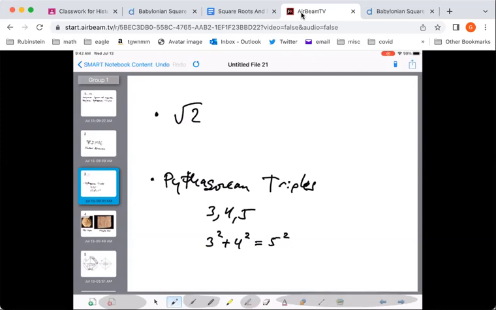Type into the Desmos, or you can just chat it to me, what Pythagorean triples you are familiar with, and also how would you get the square root of 2? Or how many decimal places do you know of it? Or if you had a calculator that didn't have a square root button on it, how would you find the decimal places of the square root of 2? So everyone take a few minutes just on your own, not in a group or anything.